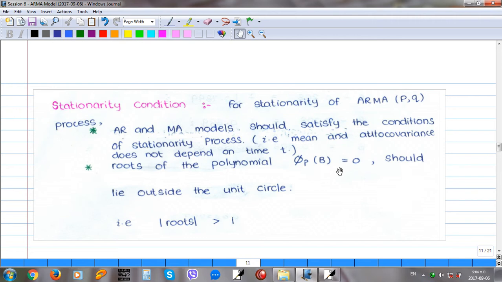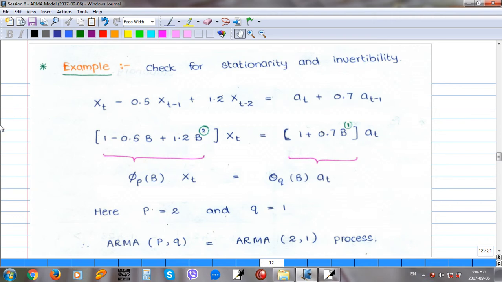To find the stationarity condition, we use the autoregressive part, set it equal to 0, and again the roots should be outside the unit circle. It means the modulus of the roots should be greater than 1, right? We will try to understand this using examples.